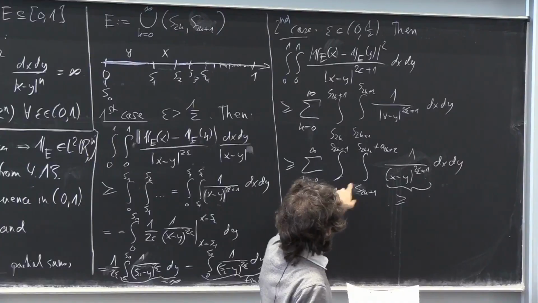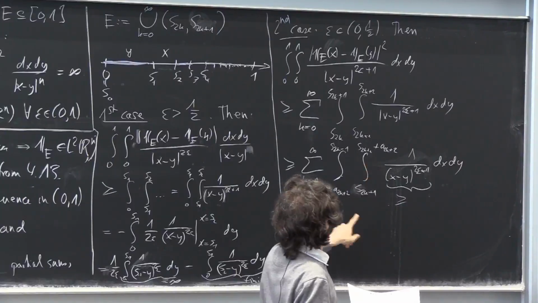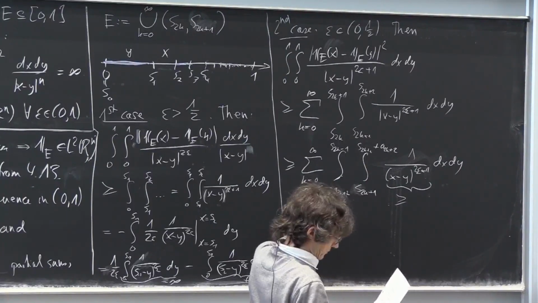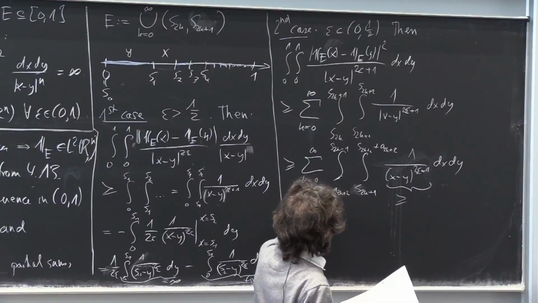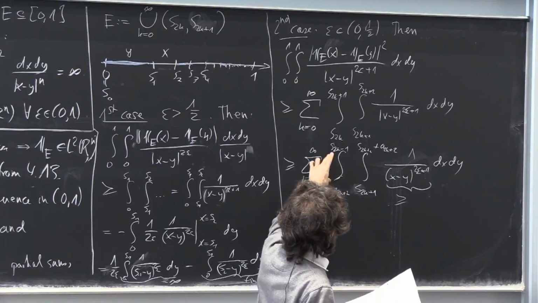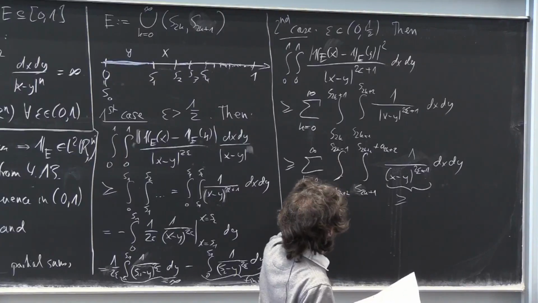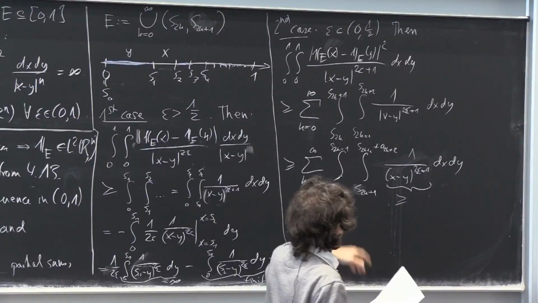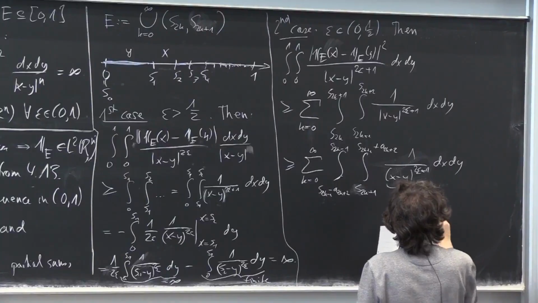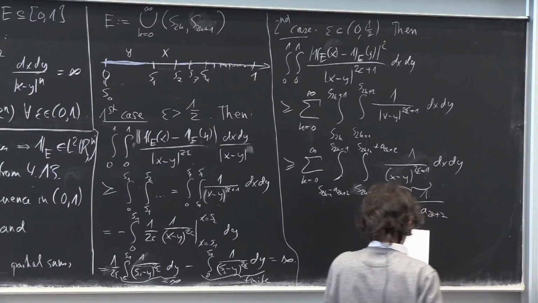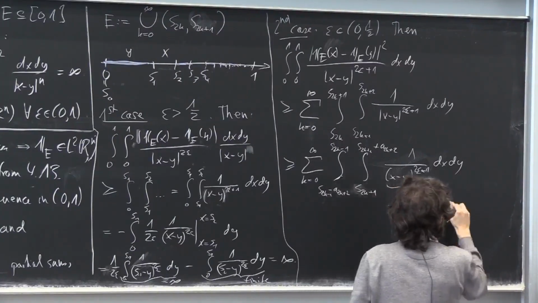X might be here and y might be here. And both intervals are of length a2k plus 2. So this is greater or equal 1 over 2a2k plus 2 to the 2 epsilon plus 1.